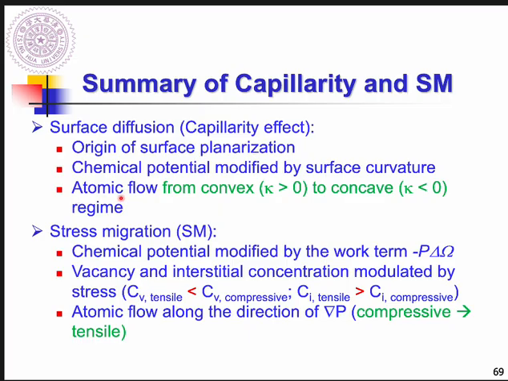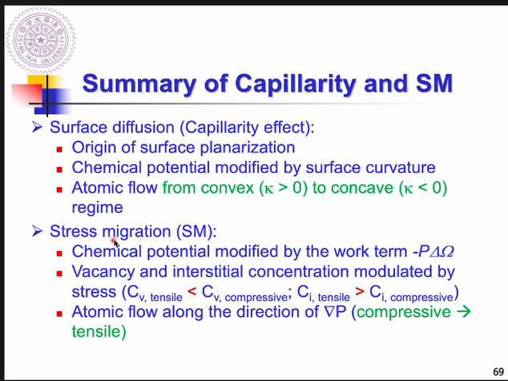The atoms always flow from the convex region with higher surface potential to the concave region with lower surface potential. To my personal habit, I use positive kappa for convex and negative kappa for concave.